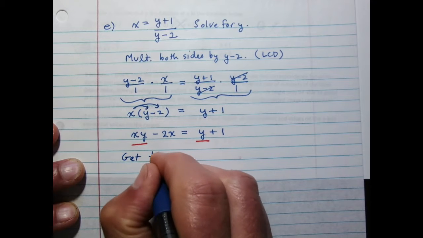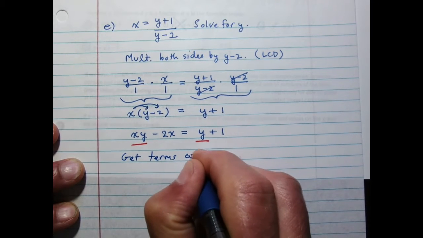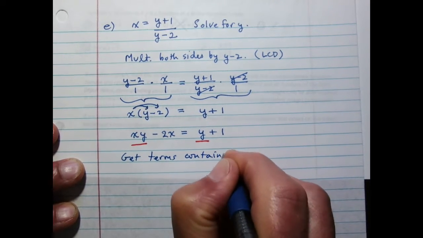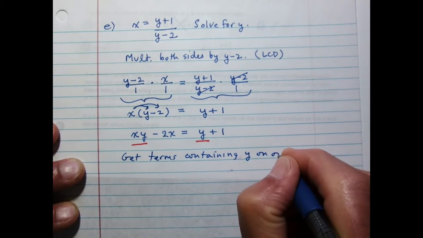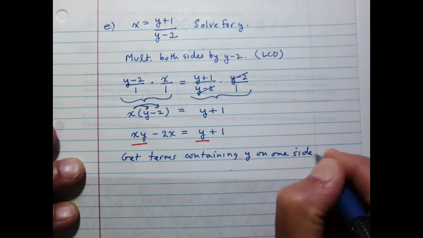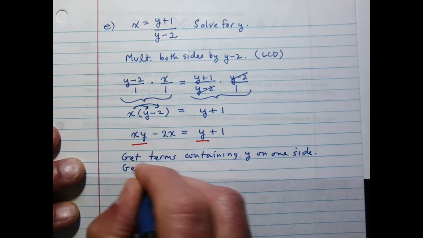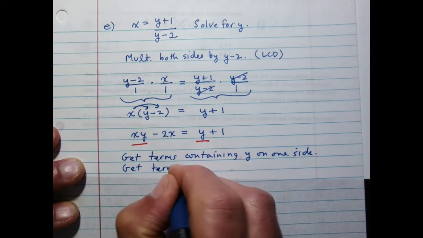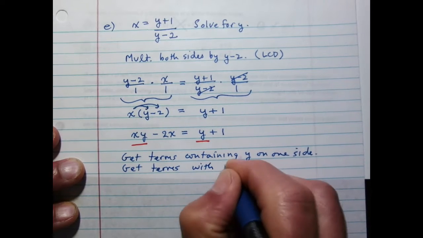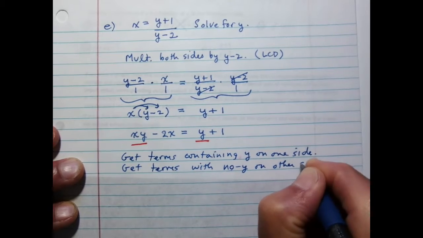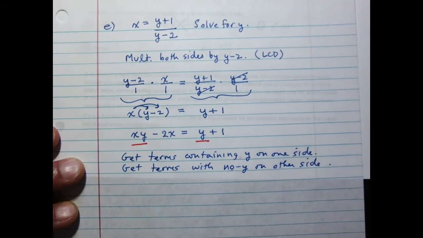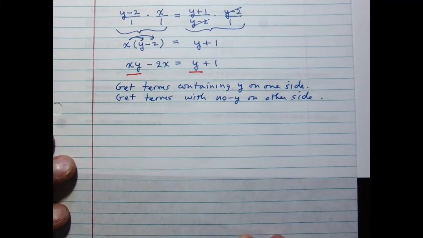Get terms containing y on one side. Get terms with no y on the other side. And I'll show you why we're doing that in just a second and what the thinking is behind that.